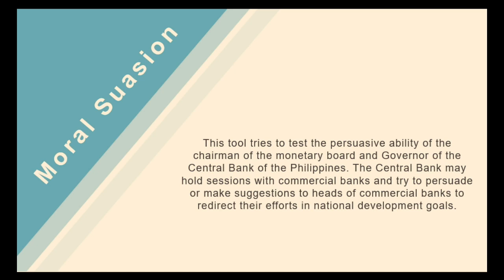So moral suasion is the act of persuading a person or group to act in a certain way through rhetorical appeal, persuasion, or implicit and explicit threats, as opposed to the use of outright coercion or physical force. So in economics, it is sometimes used in reference to central banks.